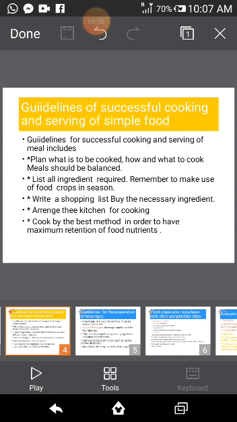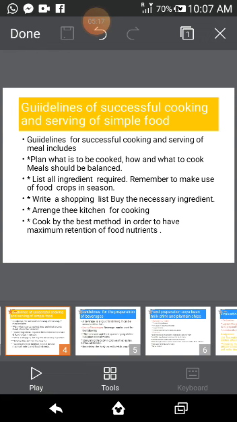Remember, the topic says food hygiene and preparation. When you prepare your food items in a good hygienic condition, now you are going to cook them. The way you cook this food also keeps them safe.